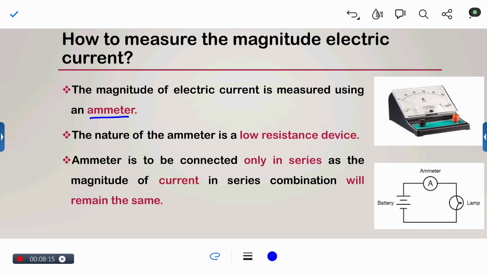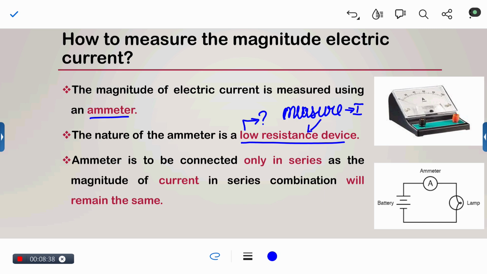And what type of device is an ammeter? It is a low resistance device, because the ammeter is used to measure the magnitude of current. Since it is used to measure the magnitude of current, the ammeter needs to be a low resistance device.